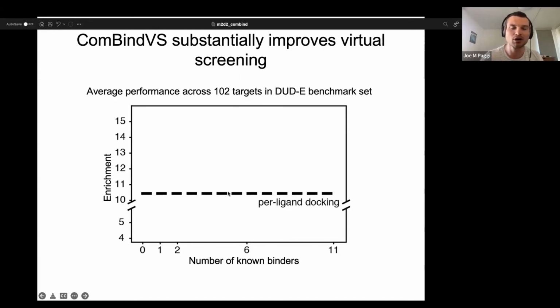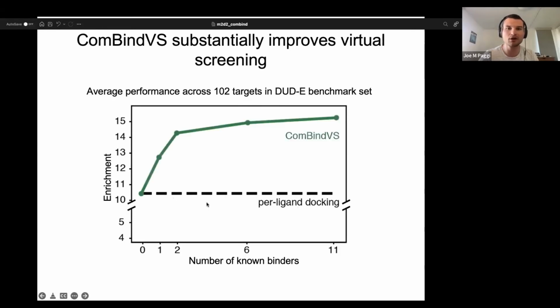I don't quite remember. So to all of the known binders. So all of the ligands that we're testing on are quite different from the ligands that we're assuming that we know. Here we get about a 50% improvement when we get up to 6 or 11 known binders.